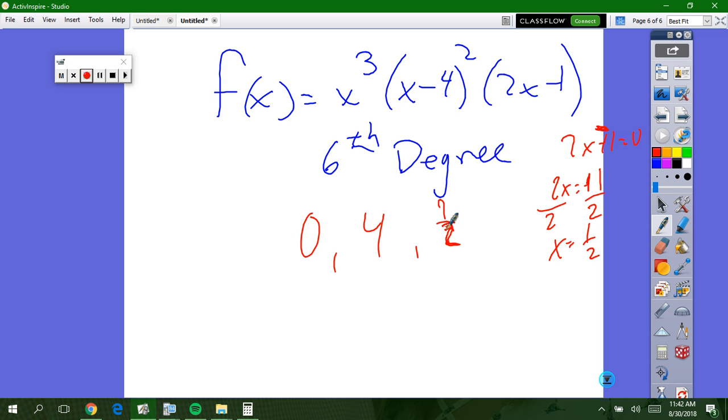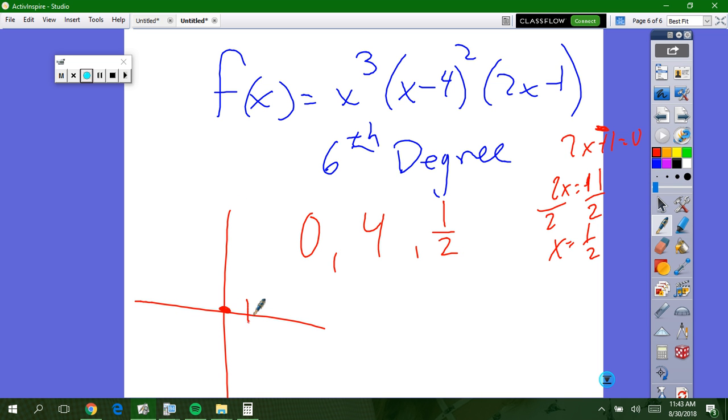Okay, we only have 3 physical zeros, correct? But we have 6 total zeros. Get the difference? There are 3 physical zeros that we're going to put on our number line, but there's a total of 6 in general.